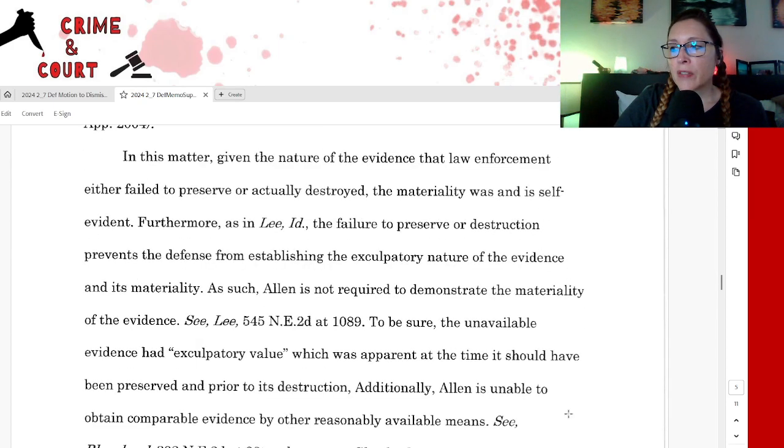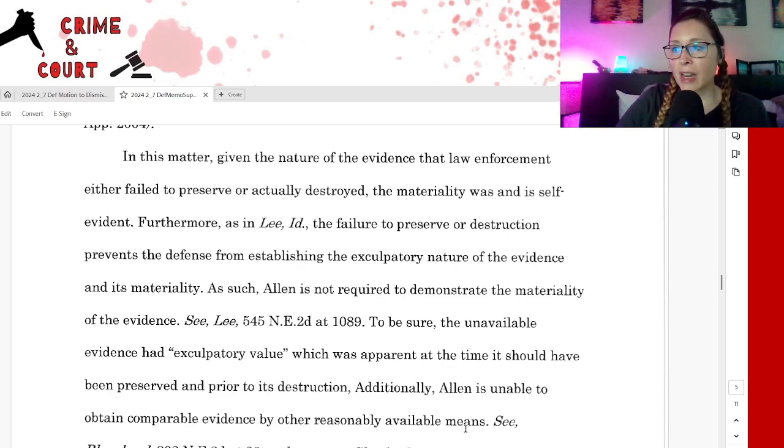In this matter, given the nature of the evidence that law enforcement either failed to preserve or actually destroyed, the materiality was and is self-evident. Furthermore, as in Lee, the failure to preserve or destruction prevents the defense from establishing the exculpatory nature of the evidence and its materiality. They can't even establish if it was exculpatory because it doesn't exist.